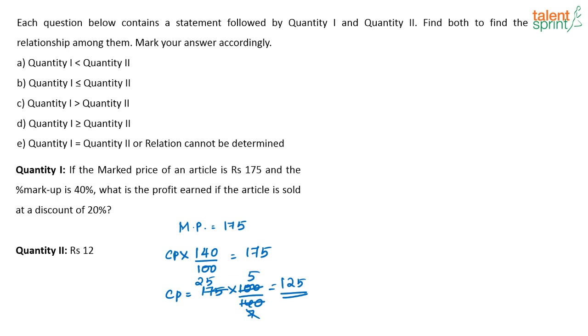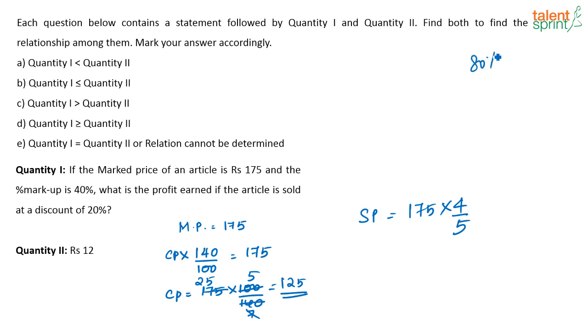If the cost price is 125, marked price is 175, and what is happening? The article is sold at a discount of 20%. So 175 was the marked price of the article and a discount of 20% is given on this. So what was the selling price? Discount of 20% means it is sold at 80% of the marked price, or it is sold at 4/5 of the marked price.